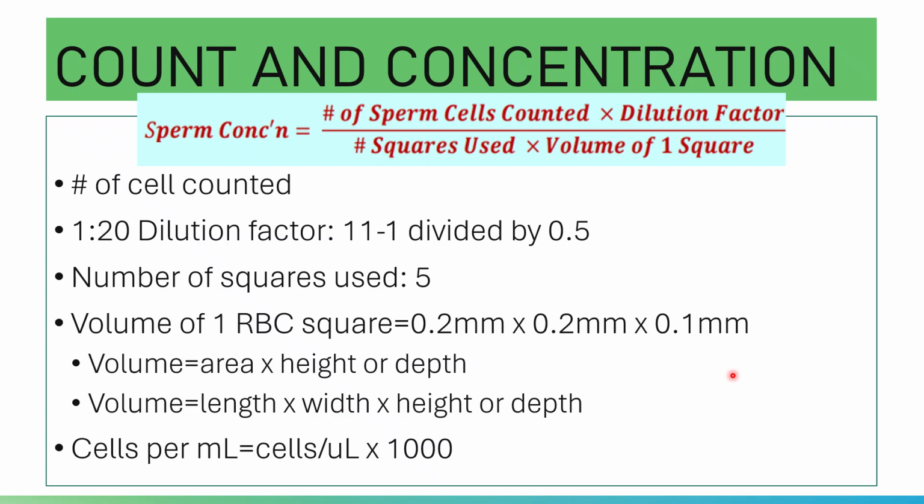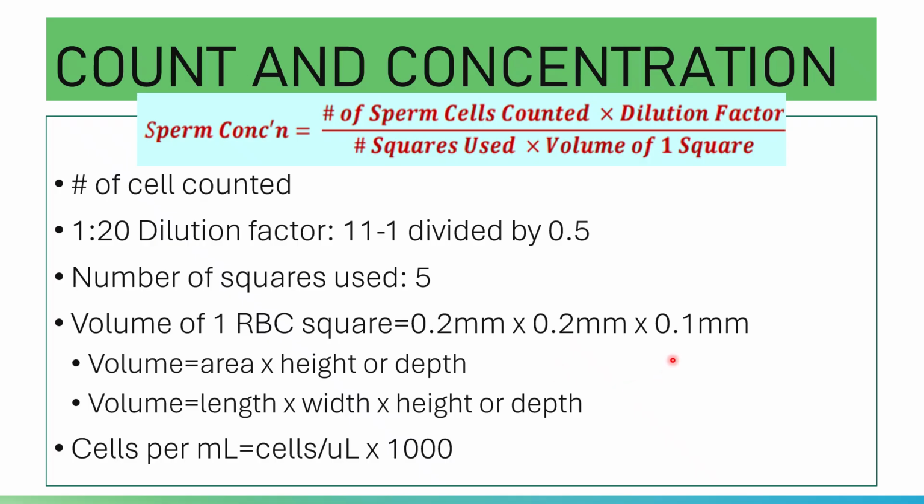Please note that the depth for the Neubauer counting chamber, the distance between the counting chamber and the cover slip, is constant at 0.1 mm. The area of one RBC square is 0.2 mm times 0.2 mm.